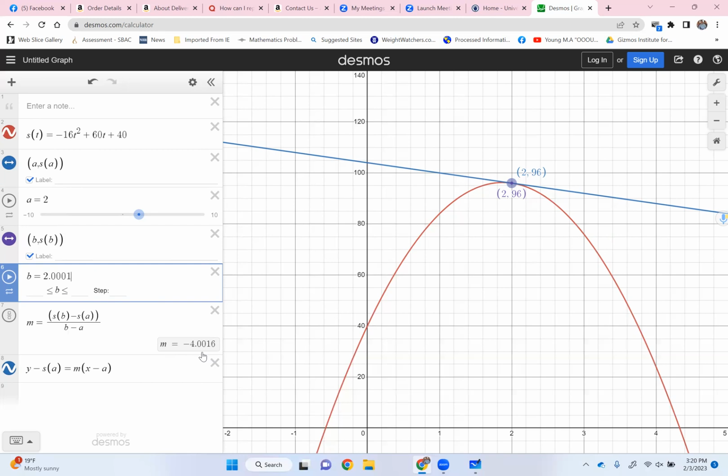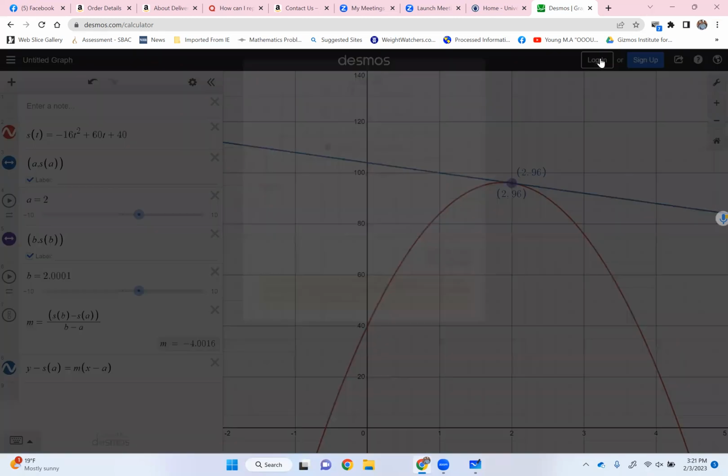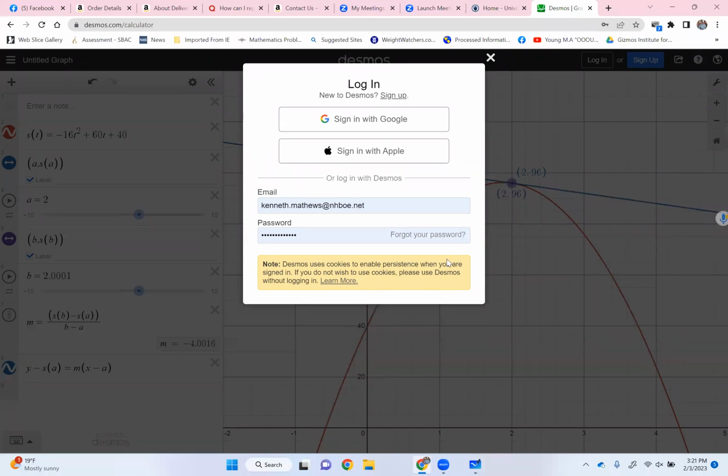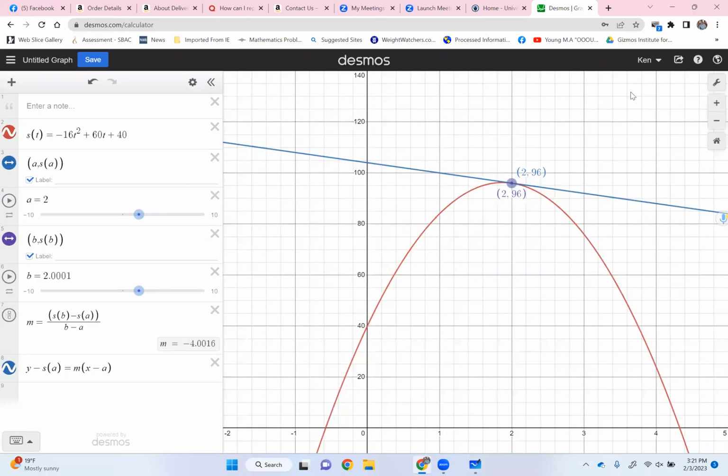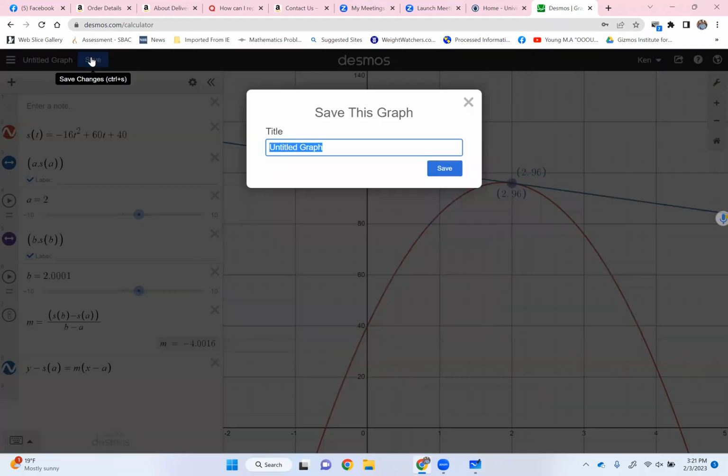So here's what I'm going to do, and this is wonderful for you guys. I'm going to save this. Oh, I need to log in first. Okay, I'm logged in. I'm going to save this as secant and tangent lines.